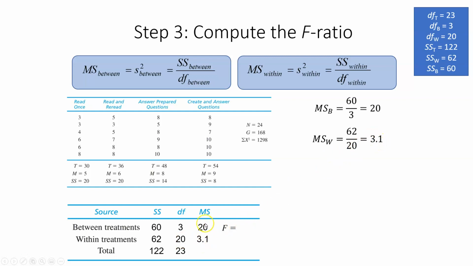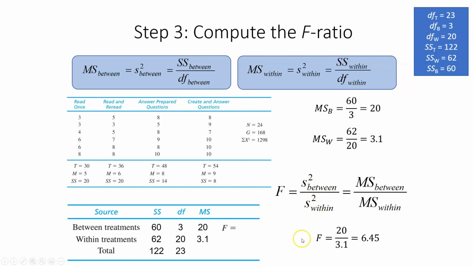So we put those in the table there. And the last step, step 9 of the ANOVA test, is to figure out 20 divided by 3.1: MS between over MS within, or variability between over variability within. And that equals 6.45. If you put that here in the table, then you've completed your entire ANOVA test.